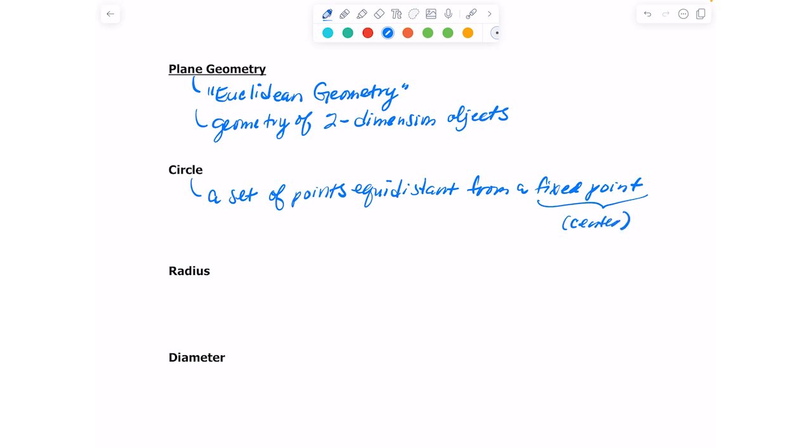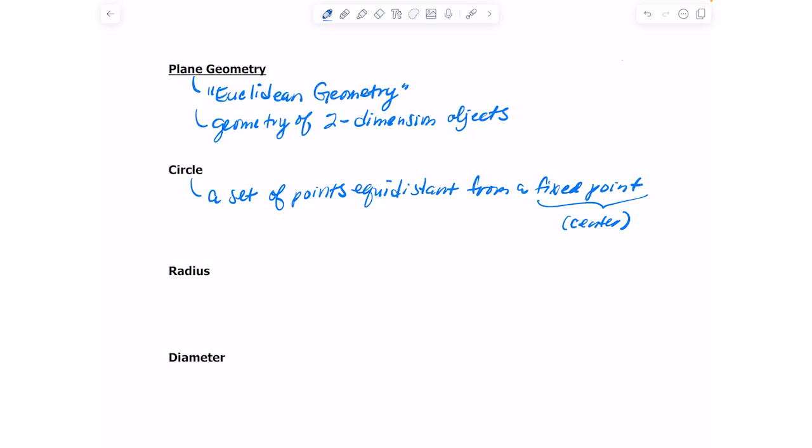The word equidistant, if you break it down, equi means equal, and distant is distance. So a circle is created when you have a fixed point, which is the center, and then you plot all the points the same distance from the center, and you get a circle.